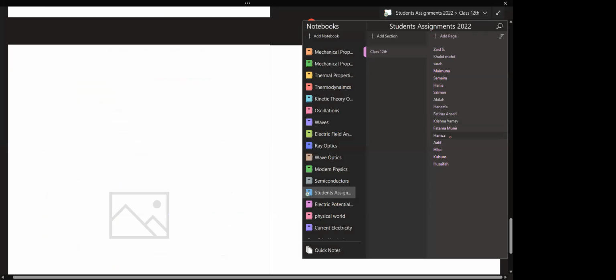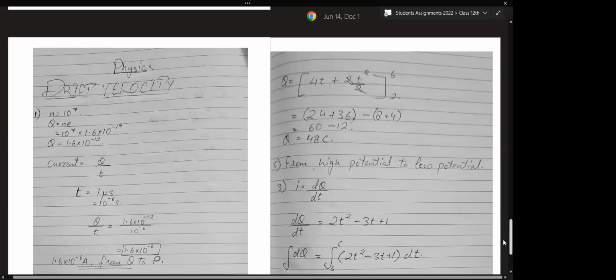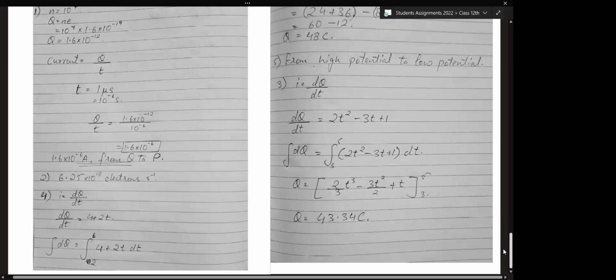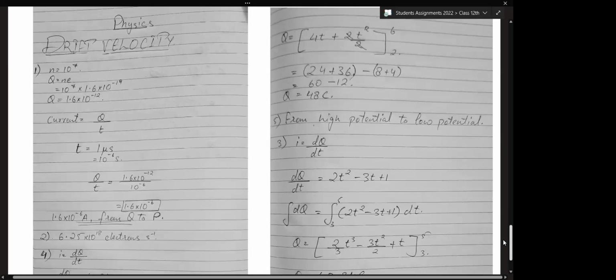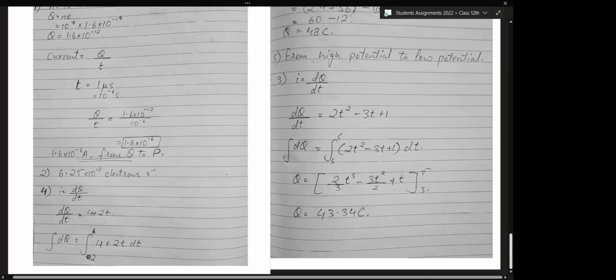Fatima, Mahir, Hamza did it. Okay, Hamza's is also correct. Good, good, Hamza. All the questions he has done. 2t cubed by 3, 3t square by 2 plus t, 5 minus 3.